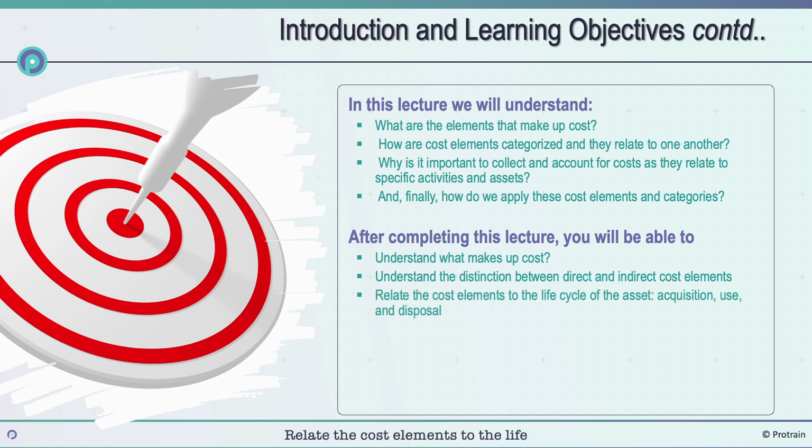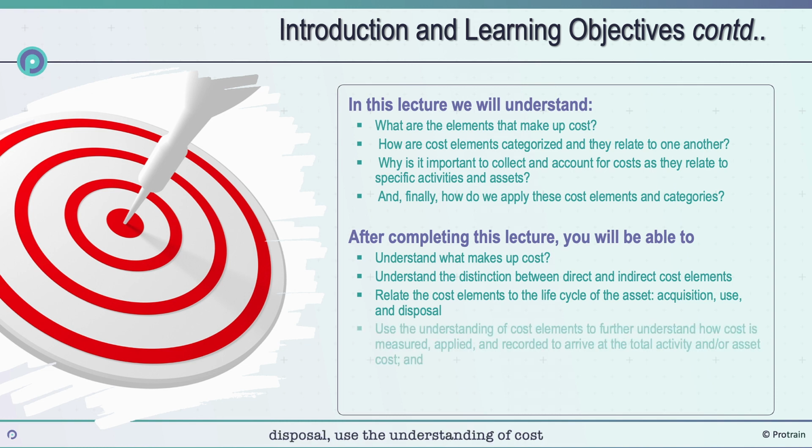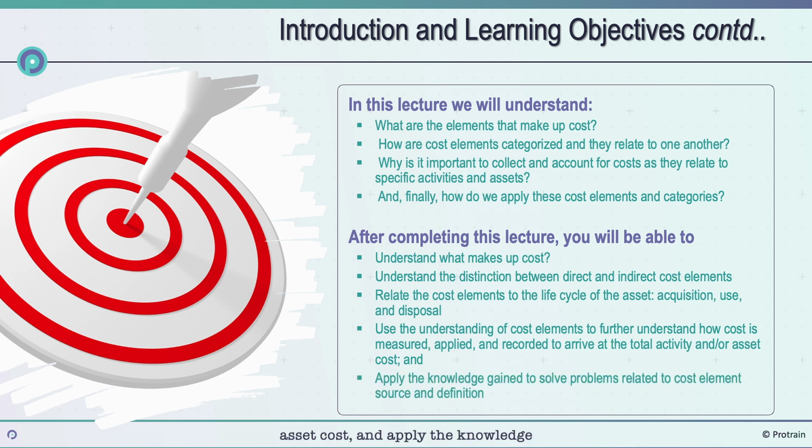Relate the cost elements to the life cycle of the asset: acquisition, use, and disposal. Use the understanding of cost elements to further understand how cost is measured, applied, and recorded to arrive at the total activity and or asset cost, and apply the knowledge gained to solve problems related to cost element source and definition.